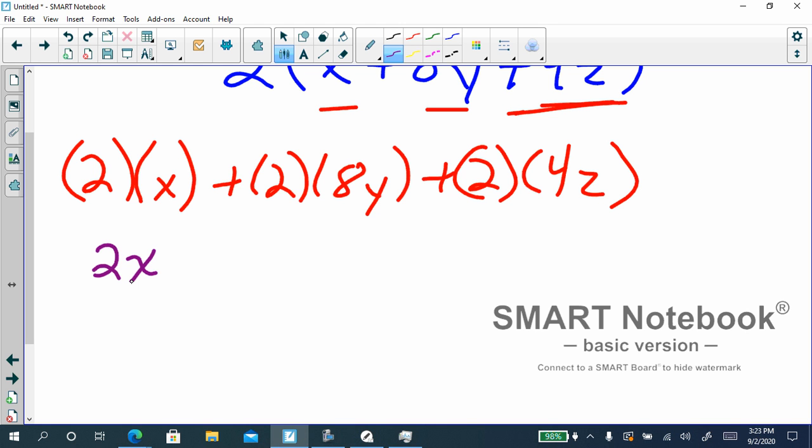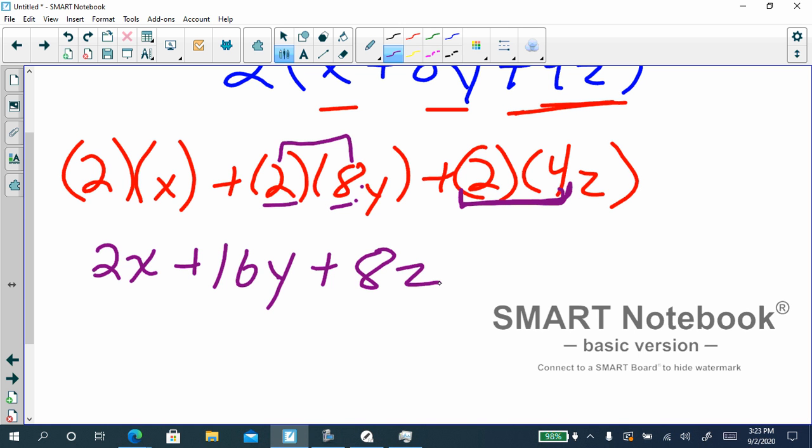If we have 2 times 8 times y, we can use our associative property and do 2 times 8 is 16, then times y. Same thing here. We could associate those together. 2 times 4 is 8, and then times z.